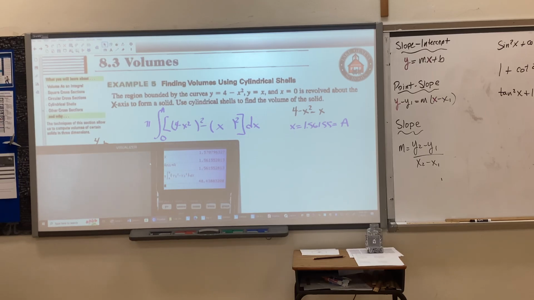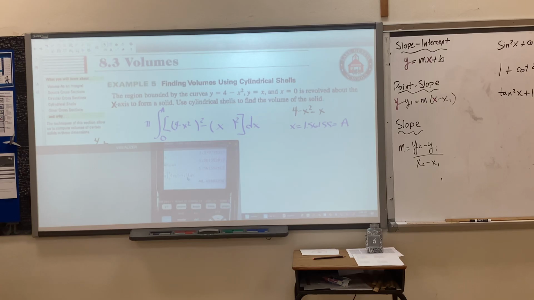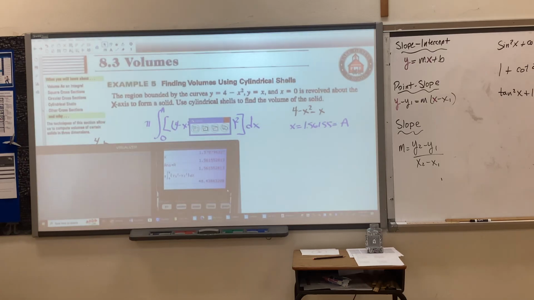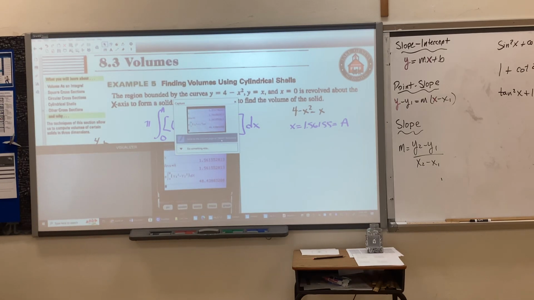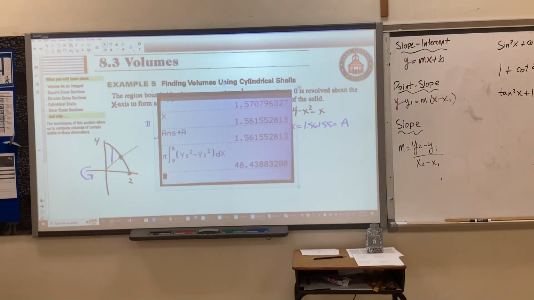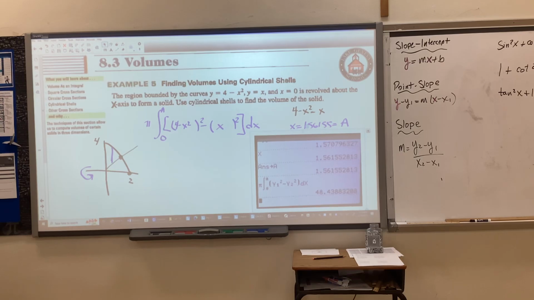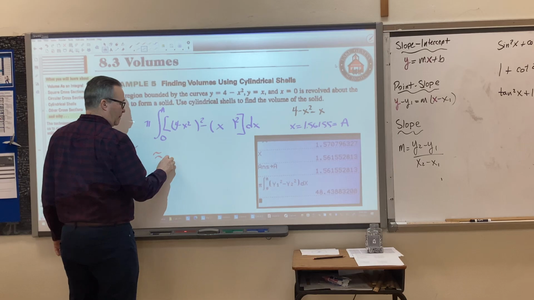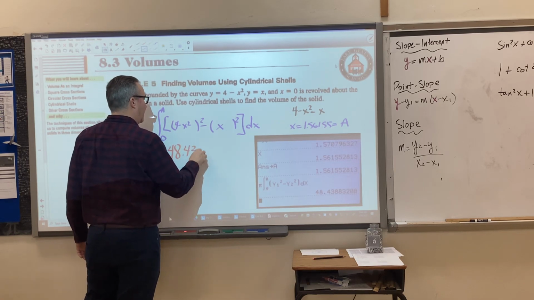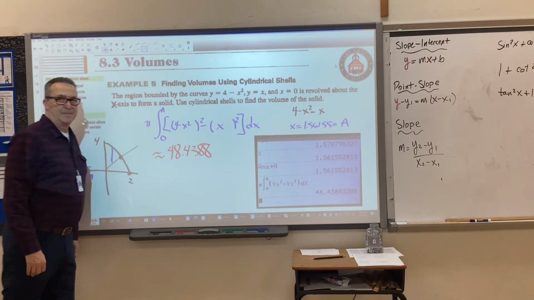Any questions? And y1 I just had 4 minus x squared, and y2 just had x. Any questions?